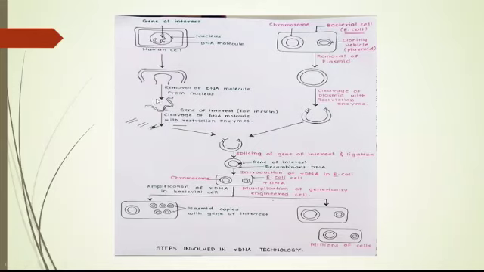In the third stage, the specific gene of interest is cut with the help of a particular enzyme, that is a restriction enzyme. The gene of interest is spliced or joined to the cloning vehicle such as a plasmid.